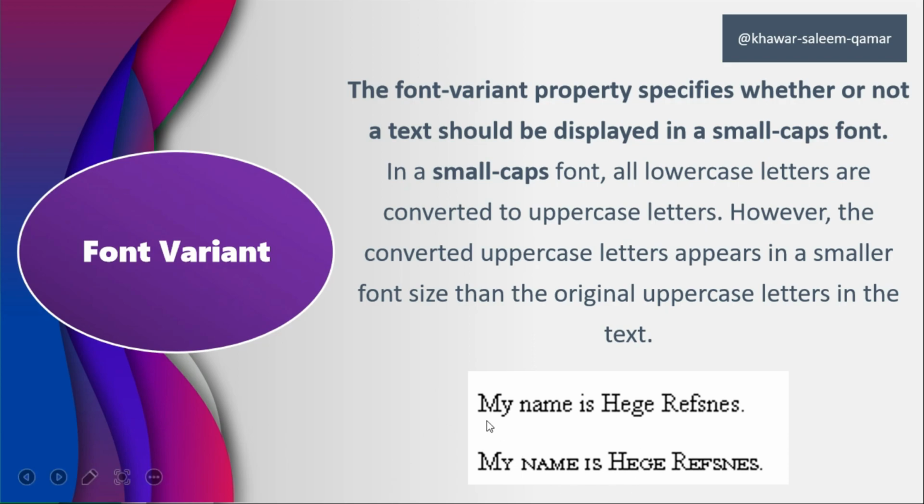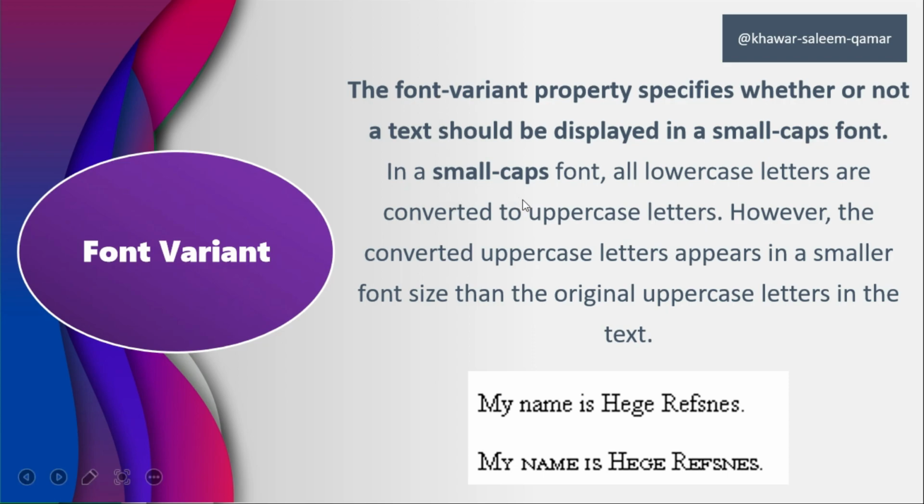In this example, as you can see, this is a simple line showing you the depiction of small caps. These are the capital letters M, H and R, whereas all the other letters are lowercase letters.